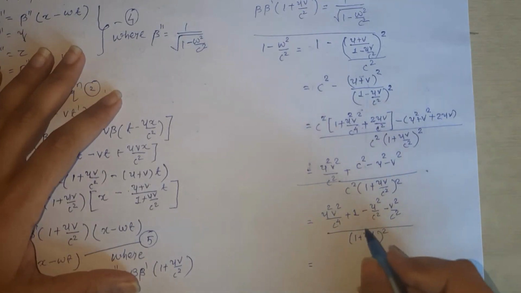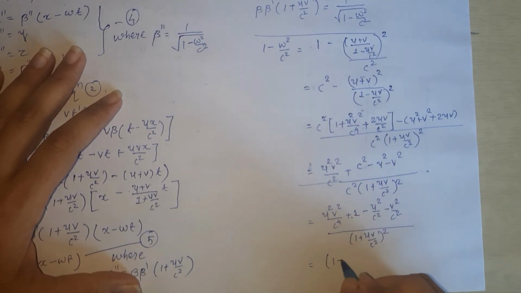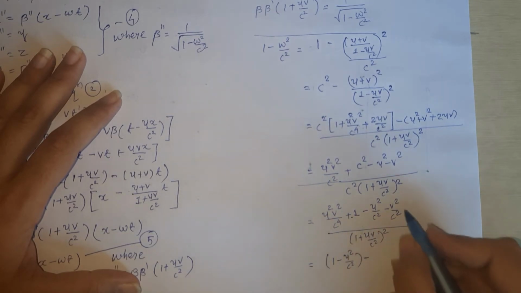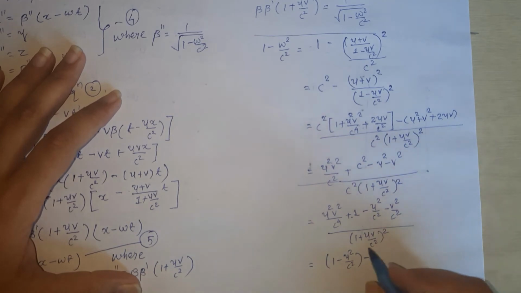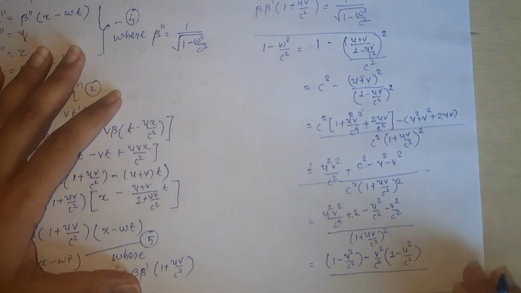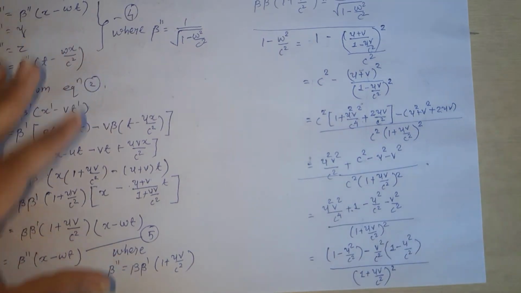Now we will simplify these, so we will write here, we will put this as same 1 minus u square upon c square, and we will take common v square upon c square from both of these steps, so we are left with 1 minus u square upon c square, and which is divided by 1 plus uv upon c square whole square.